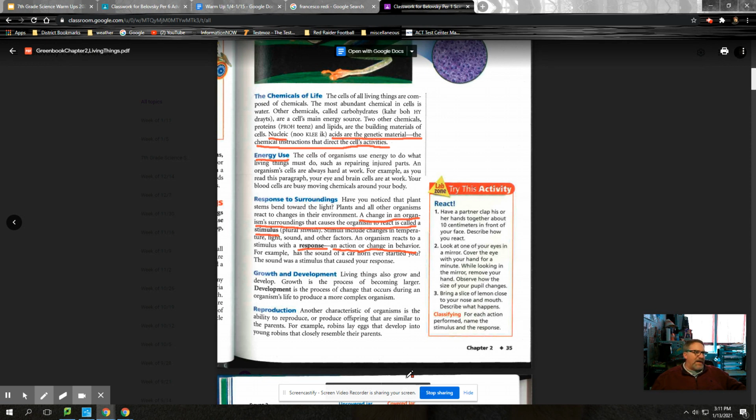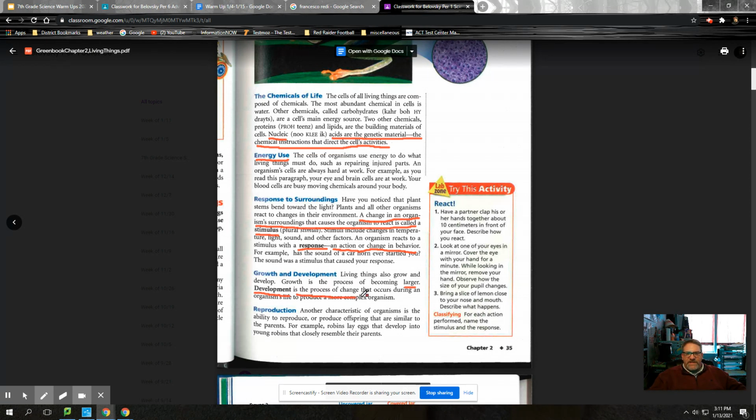Now the next word is, I'm looking at my cheat sheet over here at the board. The next one, number 12, growth is the process of becoming larger. So that is number 12. Number 13, development. What is development? Right here is the word.